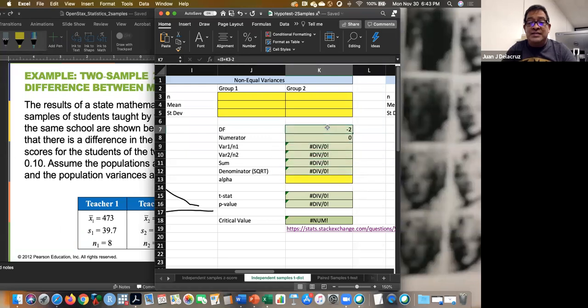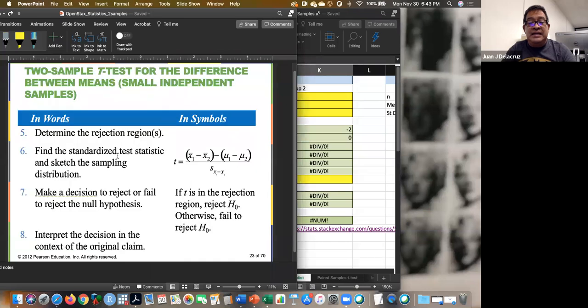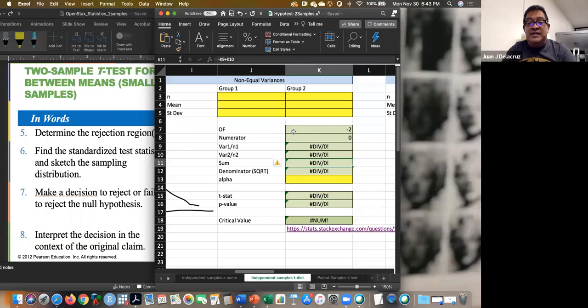So with these formulas, I am going to solve the standard error, and then the difference between the two sample sizes.